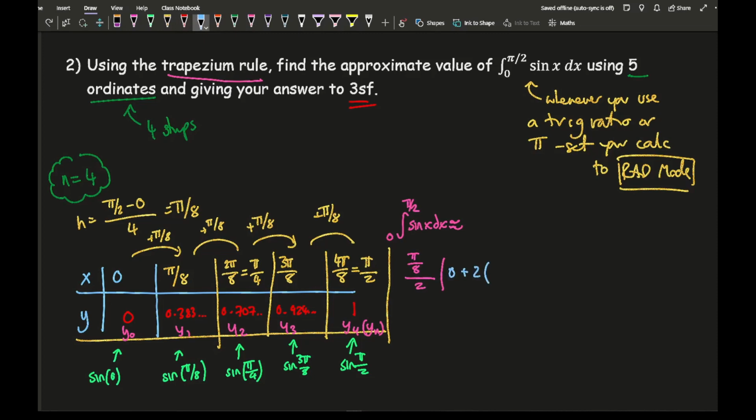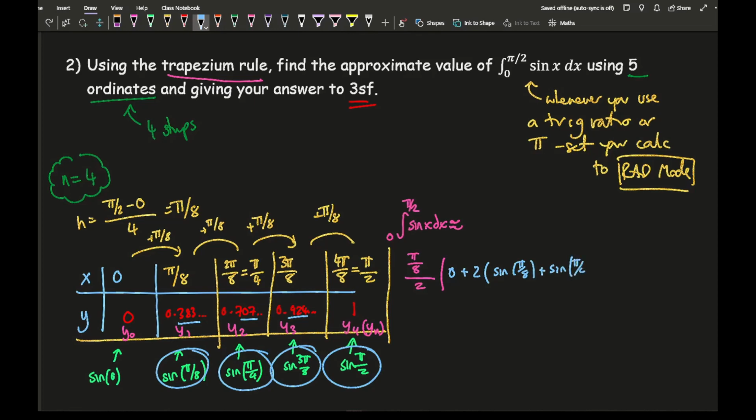Now because the equation is relatively simple in terms of how many terms it's got, I'm actually going to use the exact values where possible. So here I've got 2 lots of sine pi over 8. Now you could have used the decimal equivalent, so the numbers I've written in red, that would be absolutely fine, but again, just be wary of the accuracy of those in terms of the decimal places or sig fig.